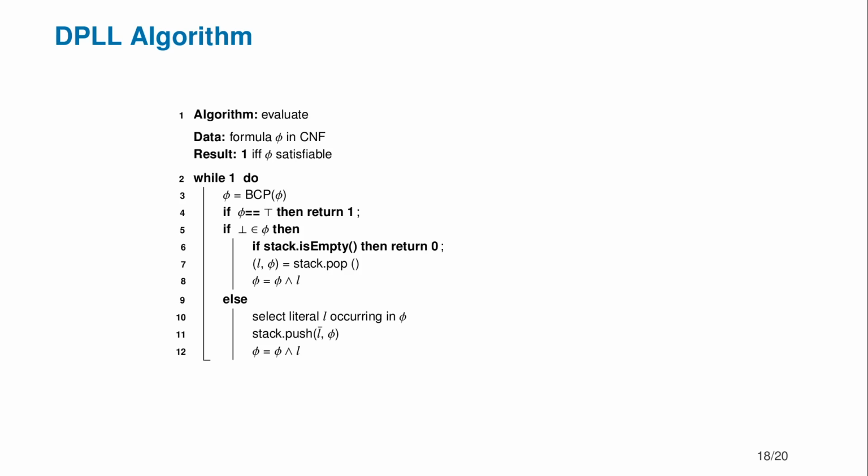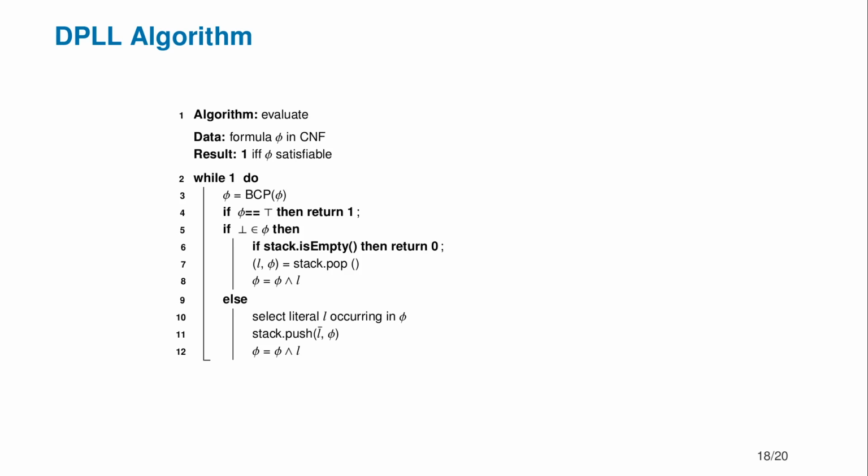We store not only that we have to try the complement assignment of L, which is this L bar, but we also store the current state of the formula. And what we do now is we add L as a unit clause to the formula. And obviously this forces the variable of L to be assigned a certain value. And this happens here again in BCP.